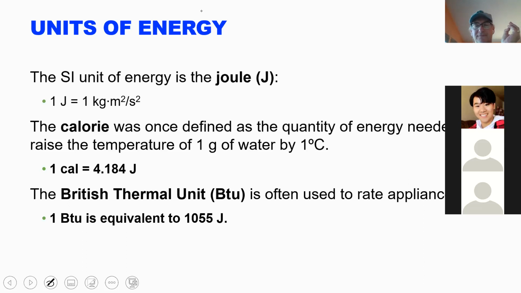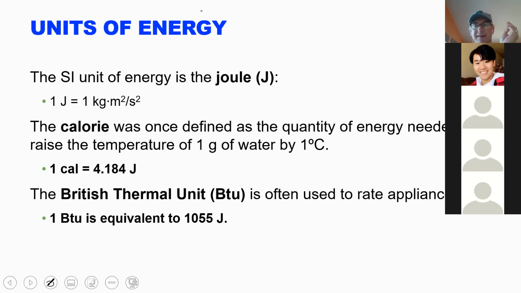Density of water? I mean, not the density, the specific heat. There you go, it's the specific heat, exactly, because that's basically the definition of the specific heat of something. It's how much energy it takes to raise 1 gram of it by 1 degree, and it's actually a calorie.